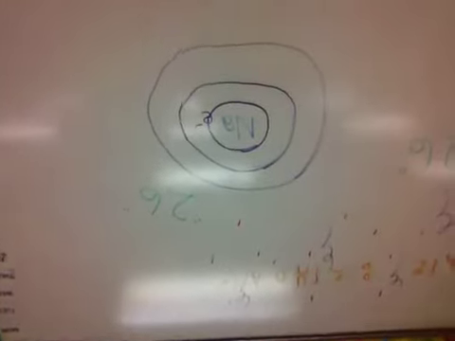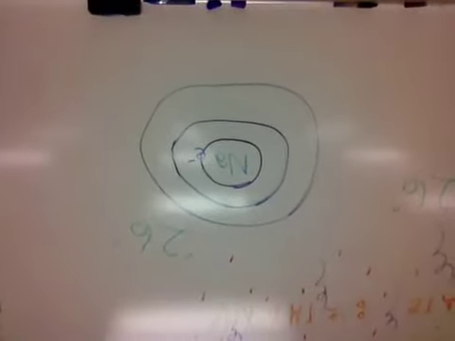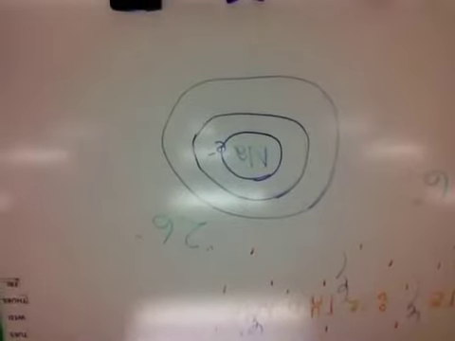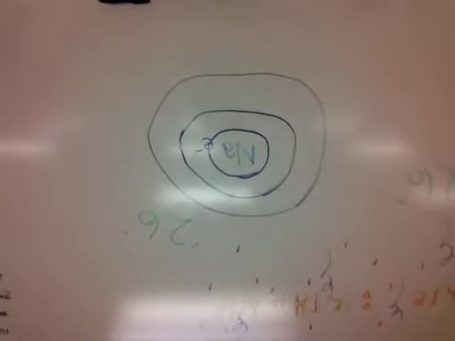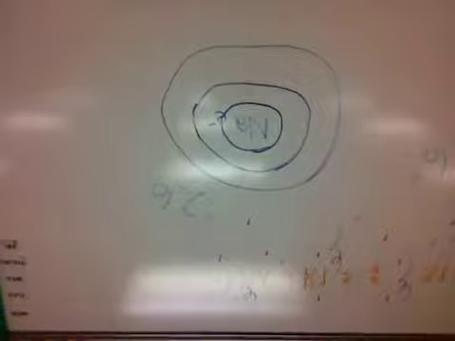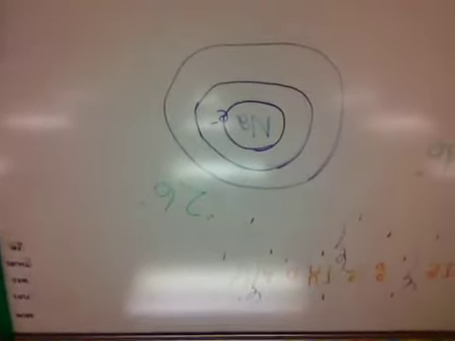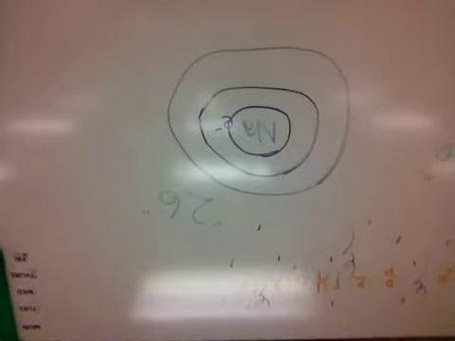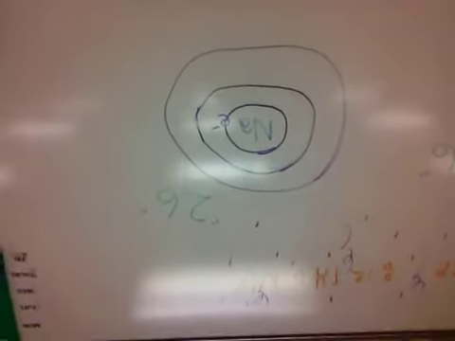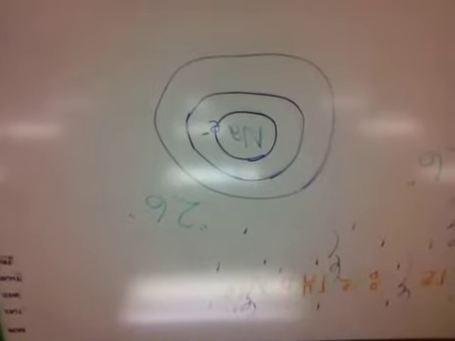It emitted the energy that it absorbed. If it emits, it's going to go back down. So if something gives off energy, it is going to move closer to the nucleus. It's going to move down energy levels. If an electron emits energy, it will go down energy levels.